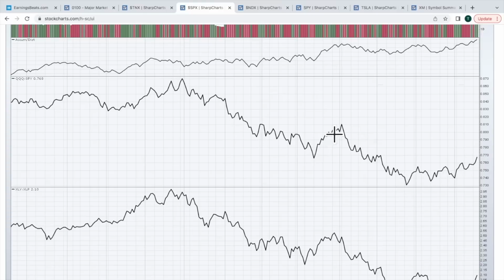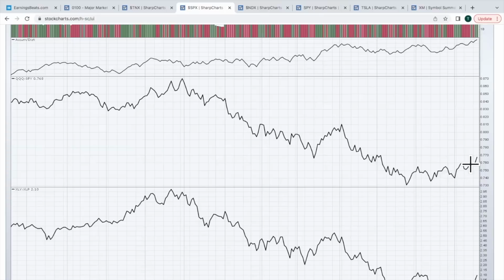The only period where the QQQ outperformed was right here, and I think a lot of that came during option expiration week, when many of the NASDAQ 100 components were deep in the money puts. So there was a lot of financial incentive for market makers for the QQQ, and many of the stocks in the QQQ, to rally.